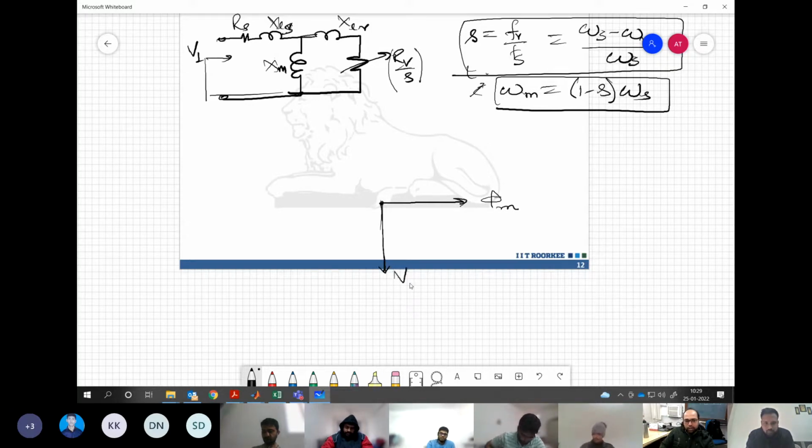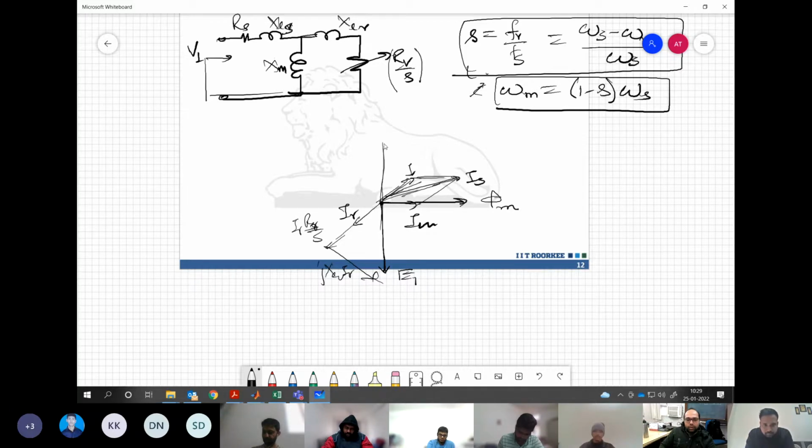So we have, let me indicate it like E1, and then we have the IR. So IR into RR by S, and this is J XLR IR. The same IR is coming over here. We have IM, and then these two form the I1 or IS, you can say.